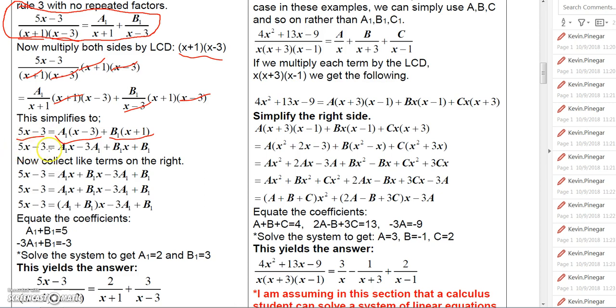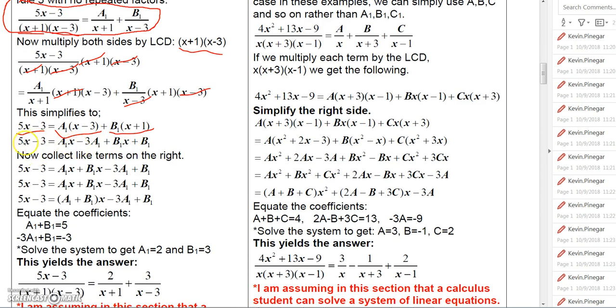So over here I have 5x - 3. Now let's distribute. If I distribute this, I get a1x - 3 times a1, and if I distribute here, I get b1x plus b1 times 1, which is b1. Now, collect your like terms. Notice you have an a1x and a b1x, so if you collect those together, a1x plus b1x.